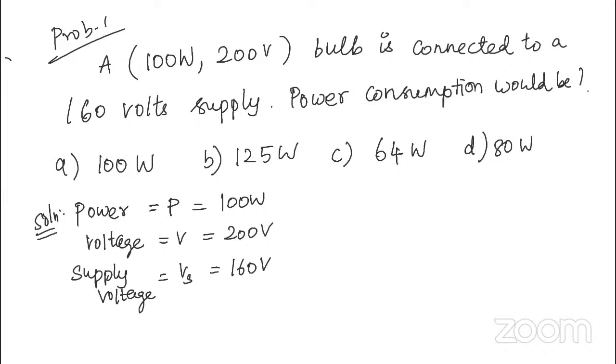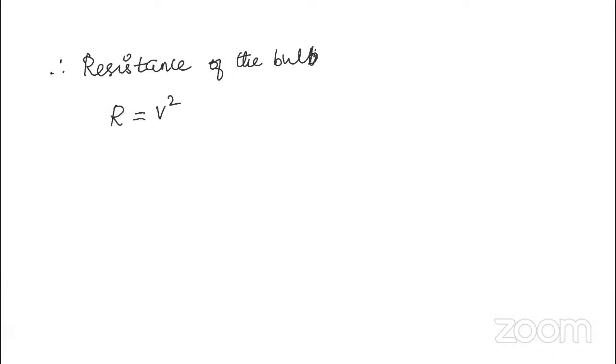First, calculating the resistance of the bulb. The formula is R is equal to V square by P. V is 200, the whole square, divided by 100.